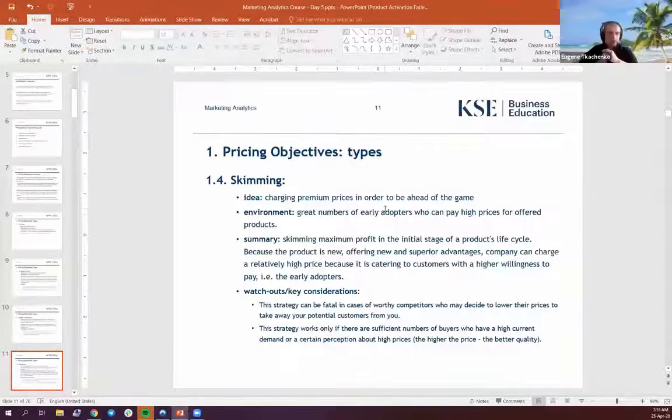And the reason why Apple doesn't necessarily sell a lot through other companies is the pricing objective of skimming. So, for example, in North America, there are a number of partnerships with large mobile providers, like AT&T, Verizon, Rogers, with whom you can sign up.